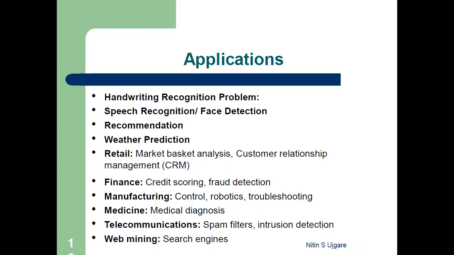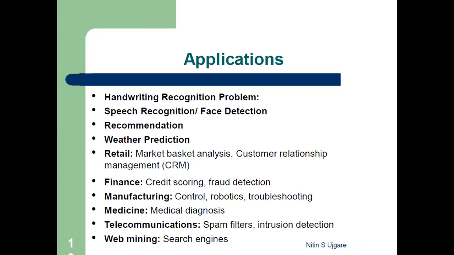Now we'll go to the applications of machine learning. Machine learning has a wide variety of applications. The first application of machine learning is the handwriting recognition problem. In this application, the input is handwriting samples with the correct output. Task T will be the recognition and classification of handwritten words into correct English words.